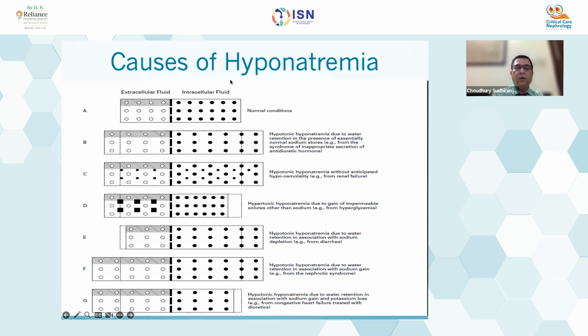So these are some of the causes of hyponatremia you can find in that good article, which you can go through. And there is also another one written by the same group, Dr. Nicholas Madias, about hyponatremia as well, in the second edition of NEJM in 2000. So you can go through that.